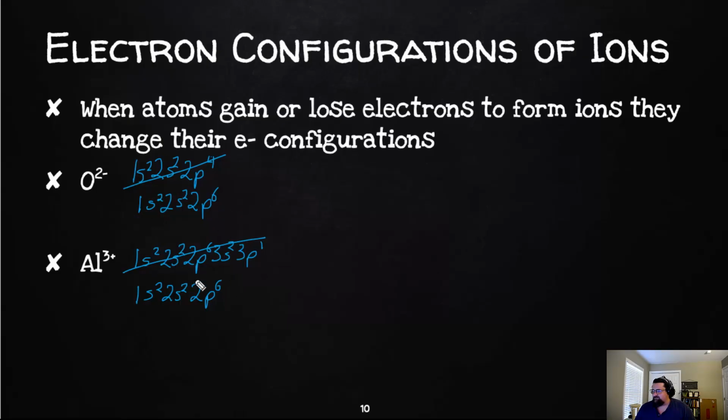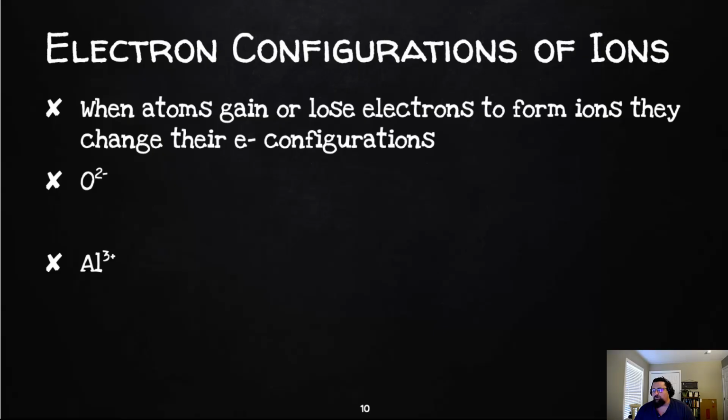These are the same electron configuration. Now remember, they're not going to become the same element because this nucleus still only has in it 8 protons, and this nucleus still has 13 protons. But the electron configuration, what's going on in those clouds and orbitals, is the same.